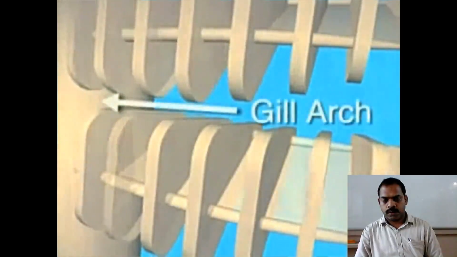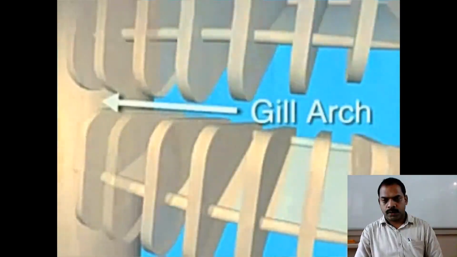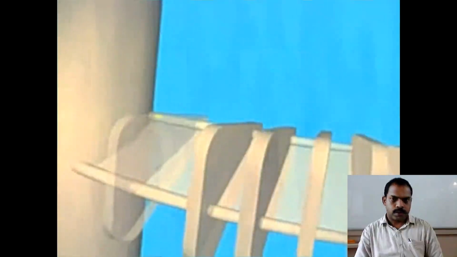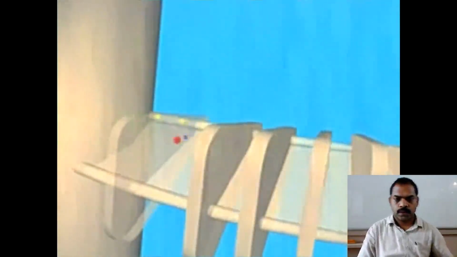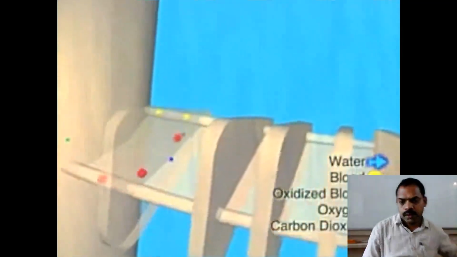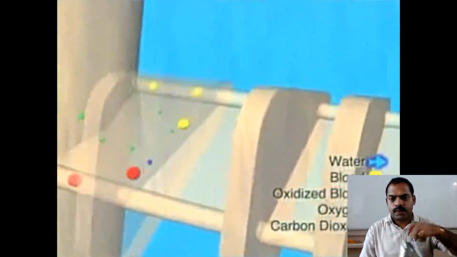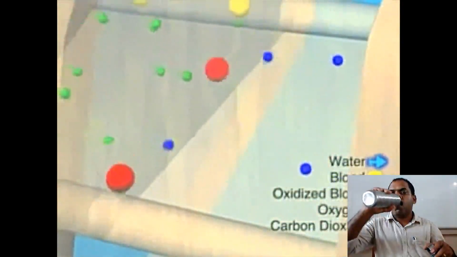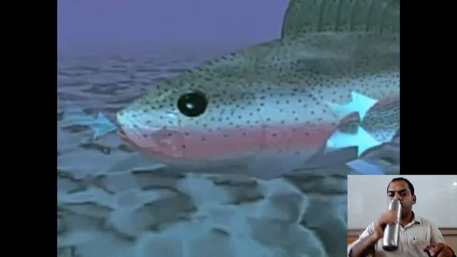The filaments are closely spaced along a gill arch in 2 rows. Each filament has many tiny extensions called lamellae. Blood flowing through the lamella takes oxygen from the water and releases carbon dioxide into the water. After the fish receives its oxygen, the water passes out through the gill openings and the breathing process begins again.